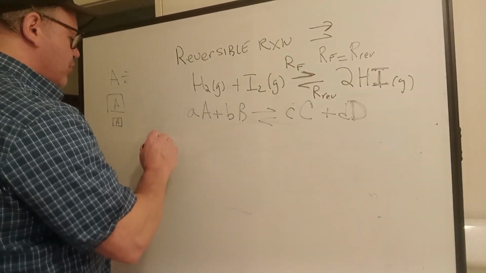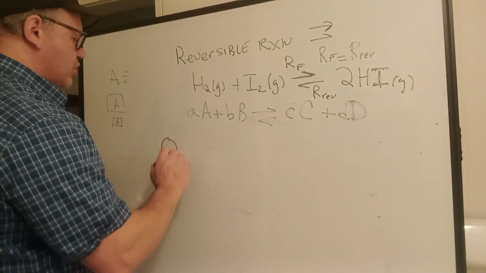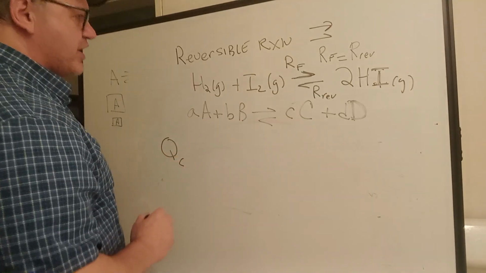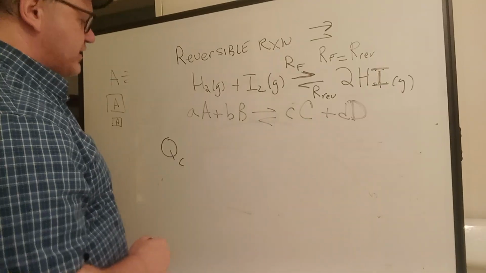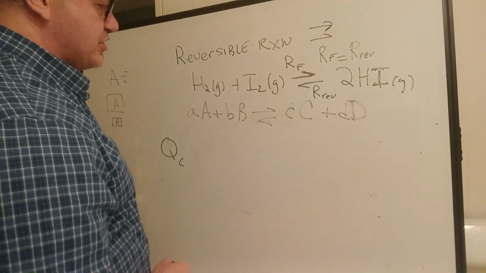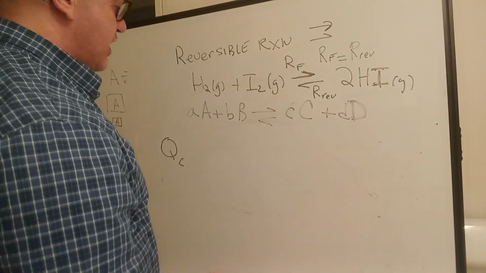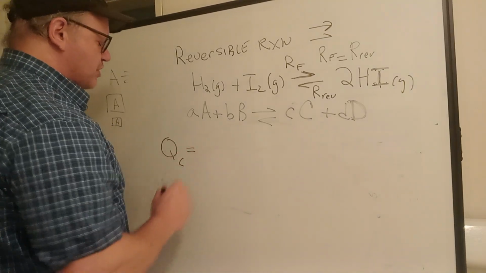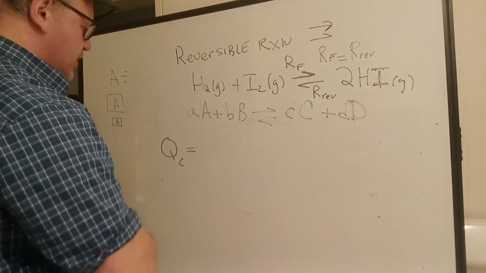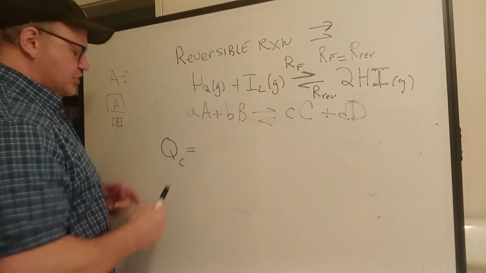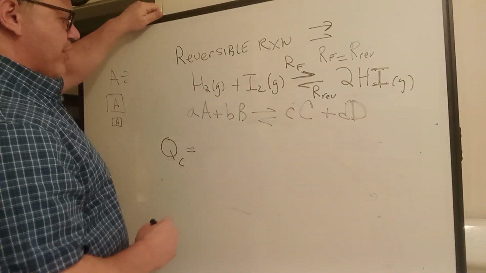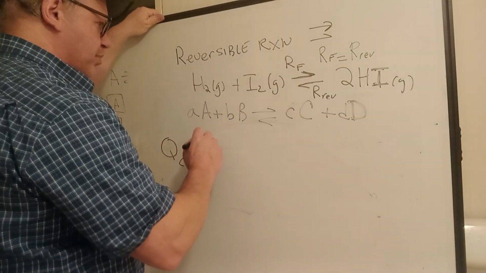So Q would look like, we usually use a C here, and you'll see very commonly in books, a lot of times they call the K's at least K_eq, meaning equilibrium constant. I'm going to use capital K with a subscript C, and I'll use Q's with subscript. Sometimes I forget the subscripts on the Q's, but I'll be comparing it to a K, so you can just put a subscript on.